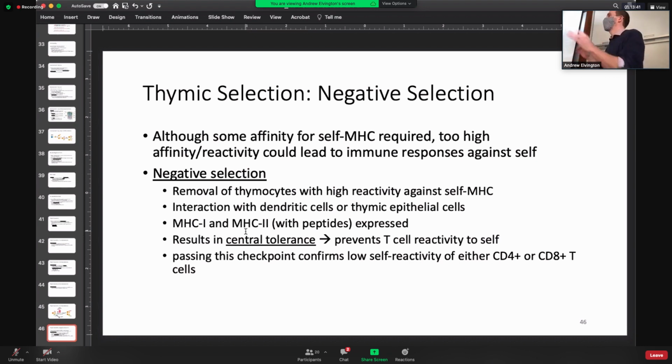Central means it's occurring in primary lymphoid organs, the thymus, and then bone marrow for B cells. And by passing this negative selection checkpoint, we have confirmed that we have low self-reactivity. So our CD4 positive T cells are not going to bind every self protein that they see, and our CD8s are not going to bind every self protein they see.